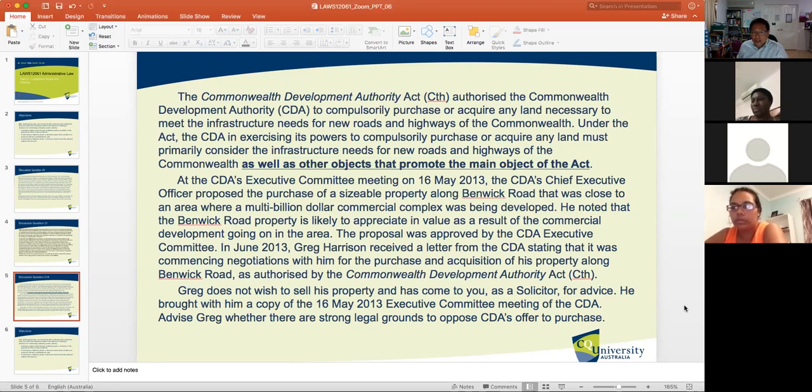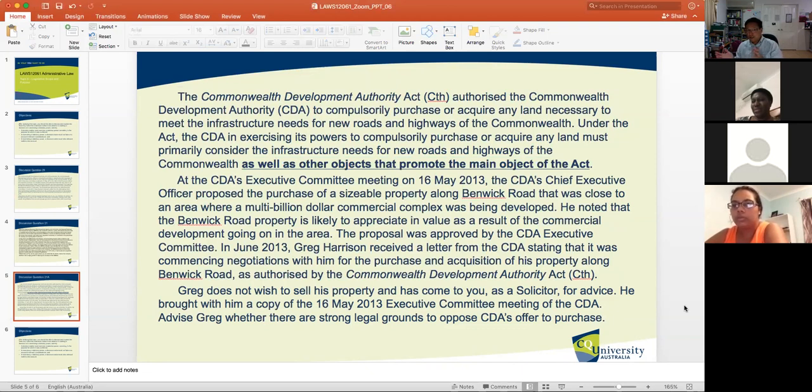So what happens in a situation where the action of the executive is motivated by a secondary purpose? So obviously, just like the first question, the main motivation is not really because the land is needed for the infrastructure needs, but the CDA is planning to purchase the land because of speculation and investment purposes.